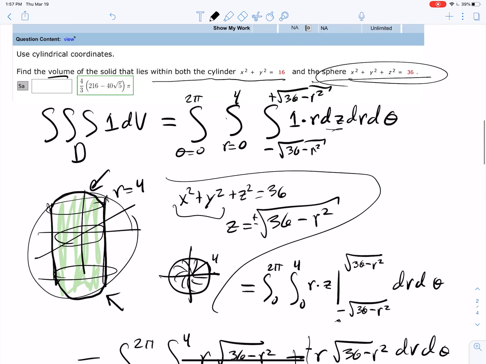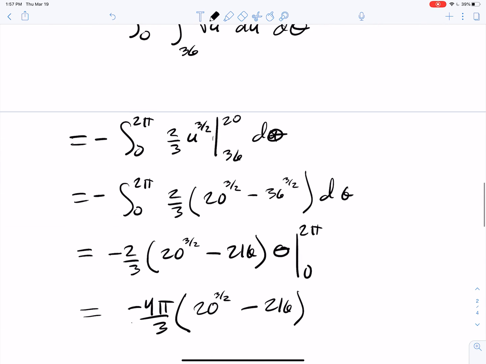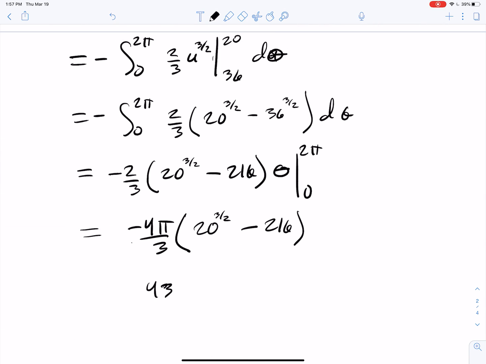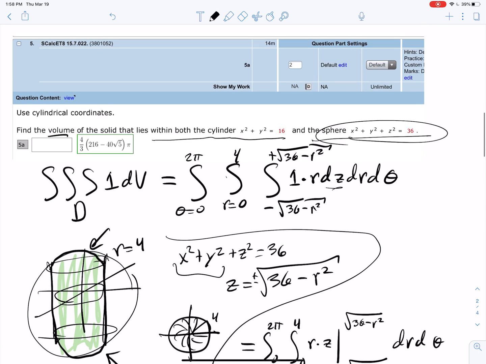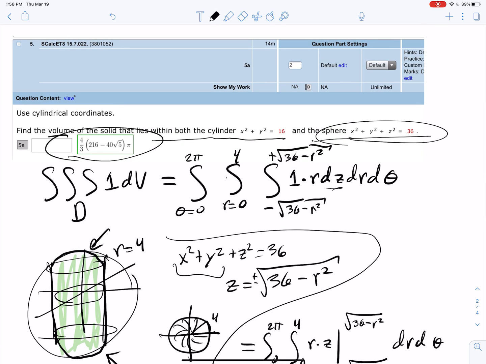What are they saying? 4/3 pi times 216 minus 40 root 5. If we take 20 to the 3/2, is that what they have? Yes. Okay. So we did get the answer correct, and that's how you do that one.